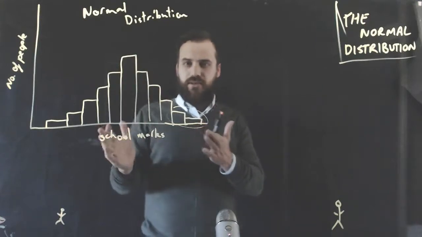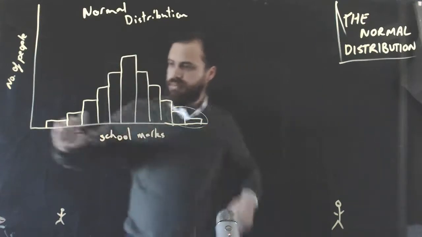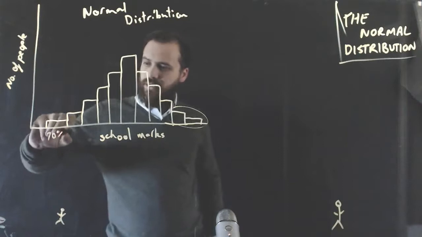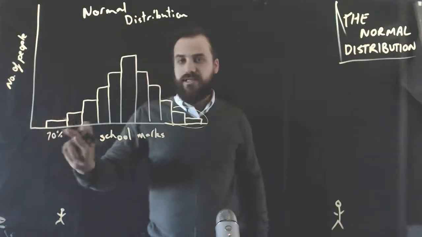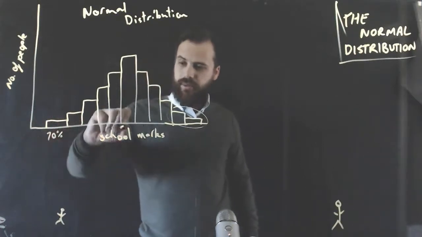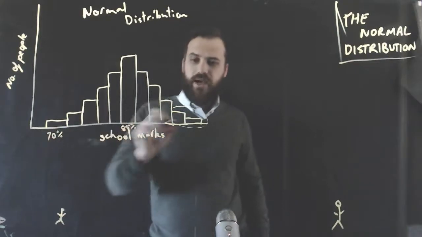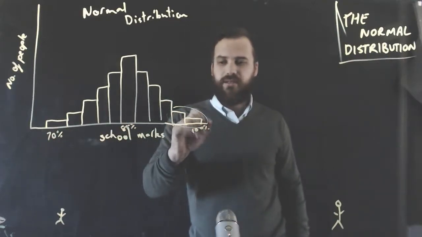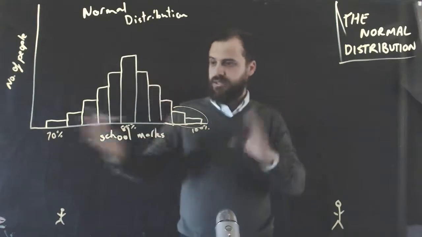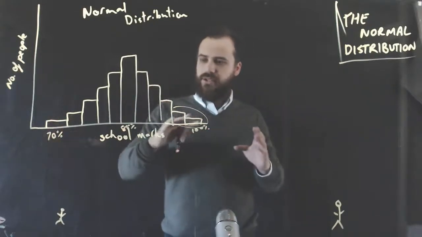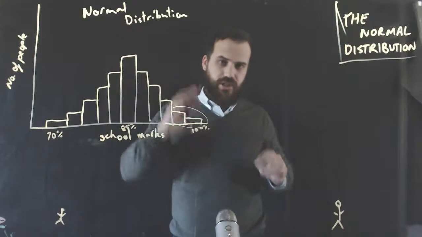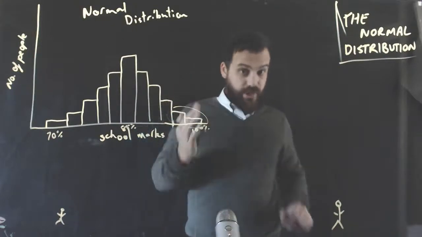Now, depending on the subject, it might be slightly different. So it might be like, only a few people are getting 70%. Lots of people are getting 85%. And only a few people are getting 100%. This might be a fairly easy subject. Okay, so lots of different things that the normal distribution can apply to.